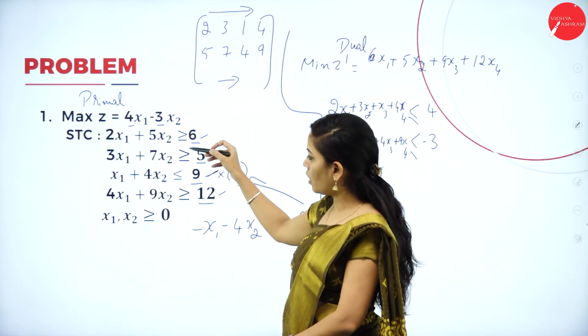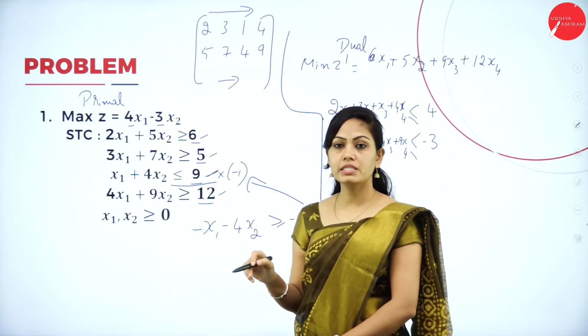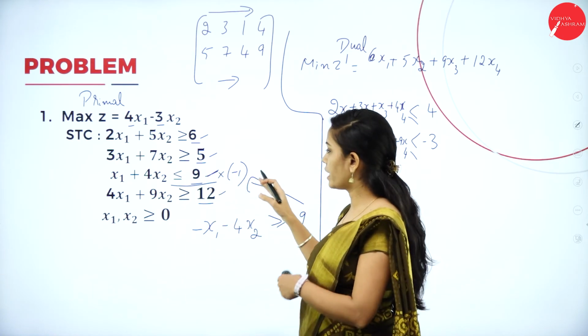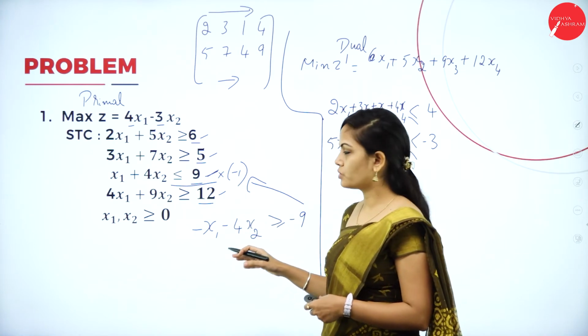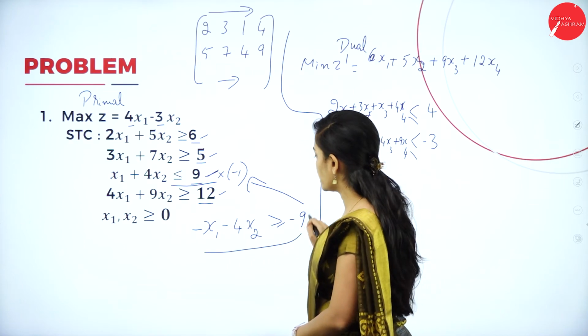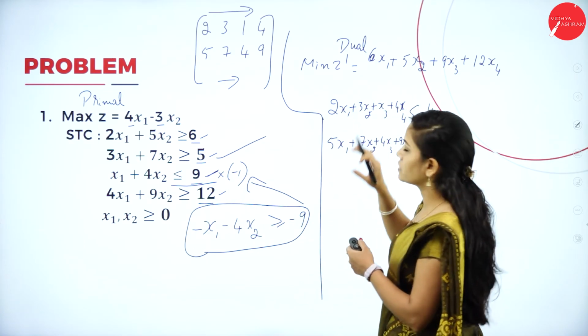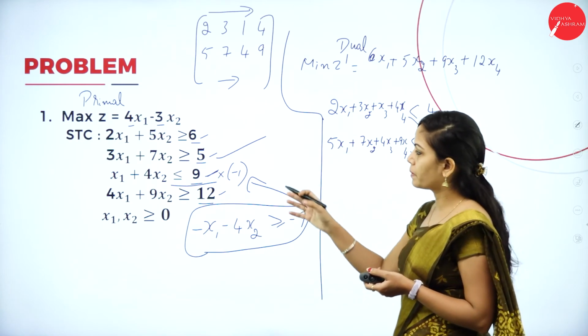Here all the constraints are greater than sign, but one constraint is less than or equal to sign, which I will convert to greater than or equal to sign. So multiply by minus 1. I have converted this into standard form. After this standard form, you can convert this into the dual of the primal problem.